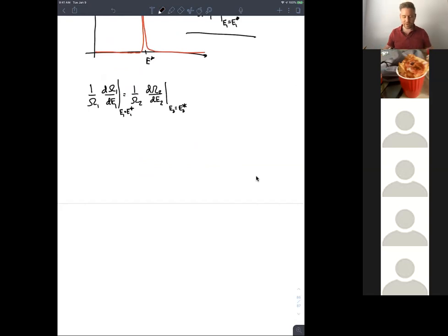Okay, and so the form of this function on each side of the equal sign suggested, just to make the math look prettier, that we define a new function, which we called S, that is related to the logarithm of the density of states.